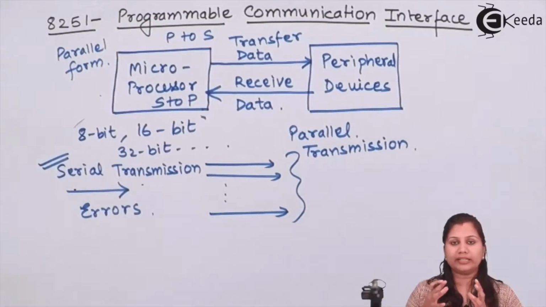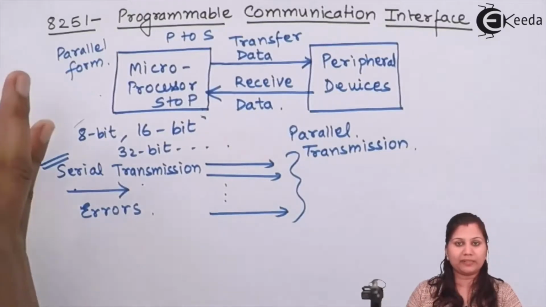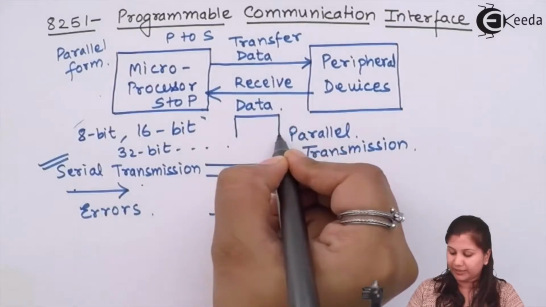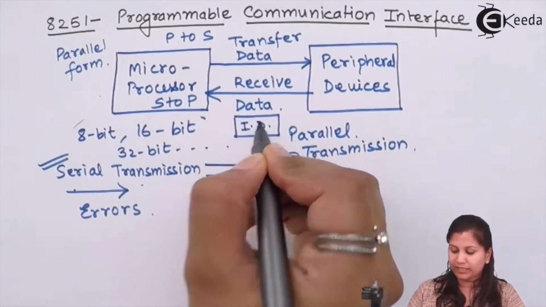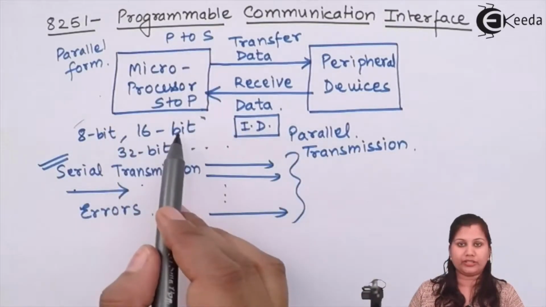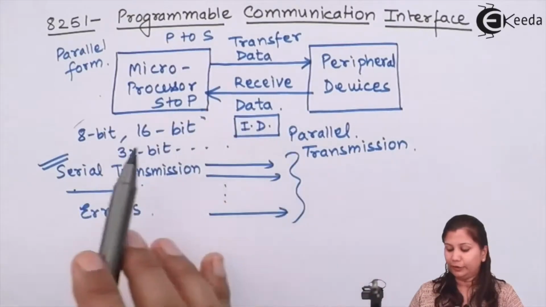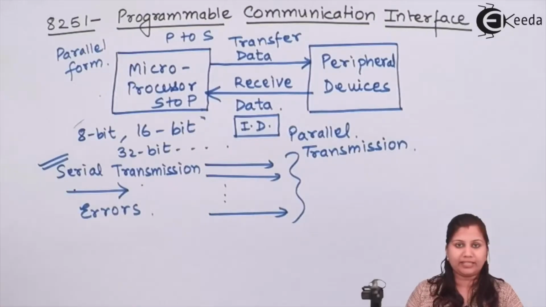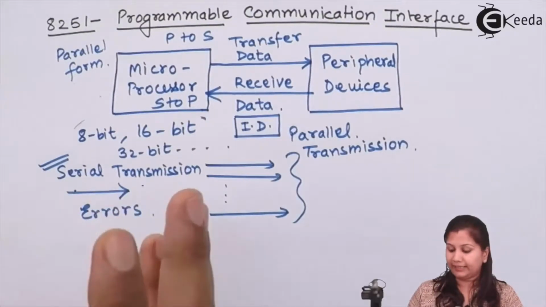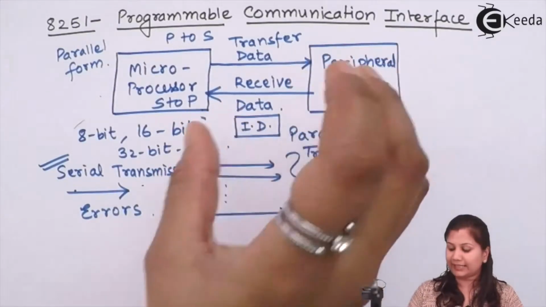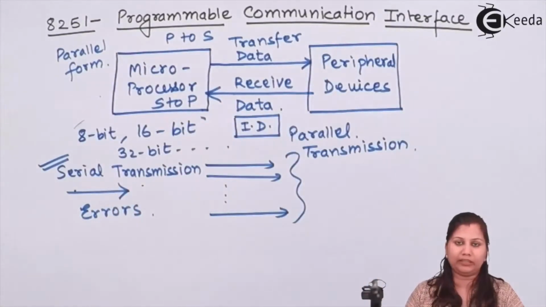So in place of using the microprocessor, we can use an interfacing device in between, which will perform all these conversions and all the tasks related to transmitting and receiving of the data. This is called an interfacing device because it is acting in between the microprocessor and the peripheral device, as a communication link between the two.